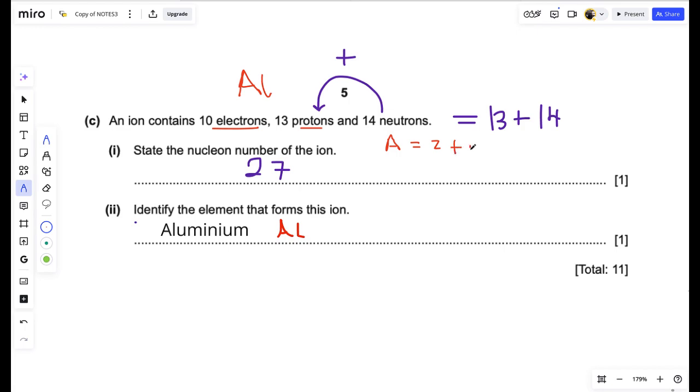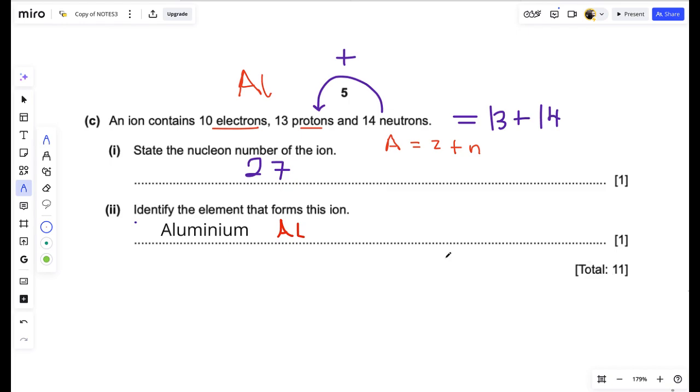So you write this formula and then you find your nucleon number. Nucleon number is the same as mass number, which is 27. Then identify the element that forms this ion. Of course, it's aluminium. Why? Because the number of protons is 13, and aluminium is 13 in the periodic table. 11 is sodium, 12 is magnesium, aluminium is 13, so it's aluminium. You get your 1 mark.